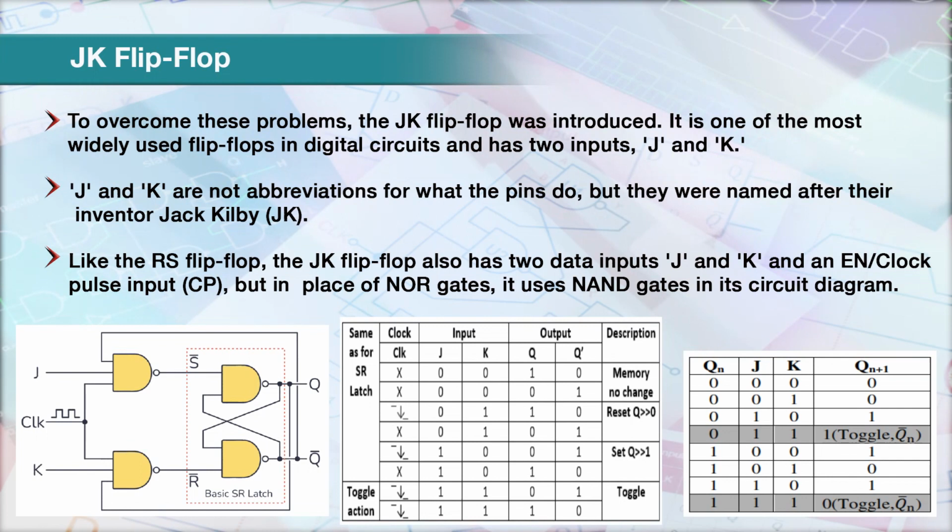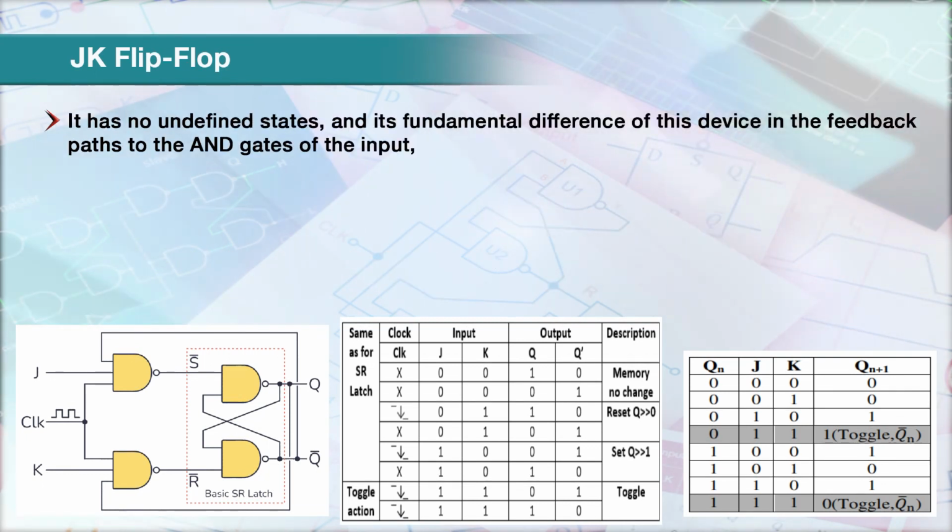Like the RS flip flop, the JK flip flop also has two data inputs J and K and a clock pulse input Cp, but in place of NOR gates it uses NAND gates in its circuit diagram. It has no undefined state and its fundamental difference is the feedback path to the AND gate of the input.